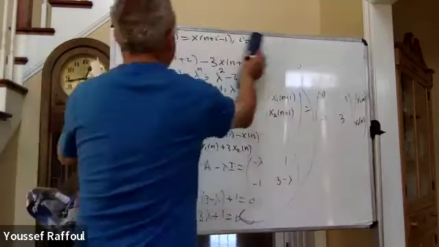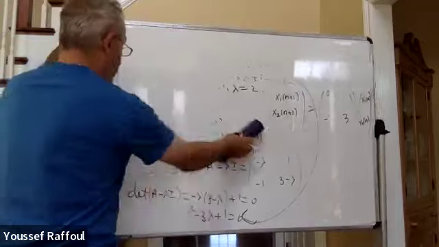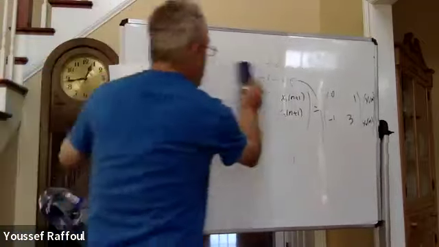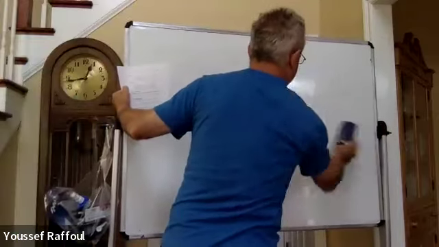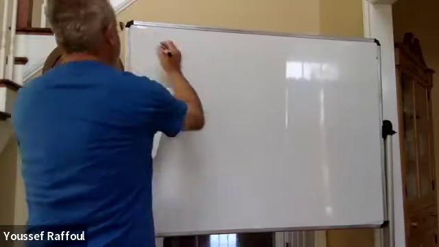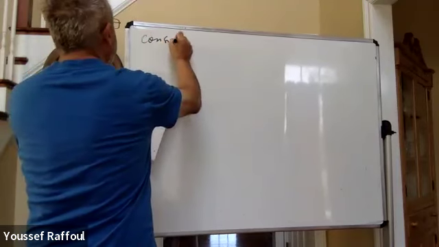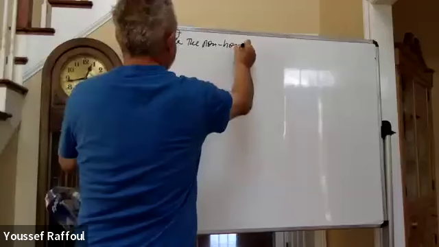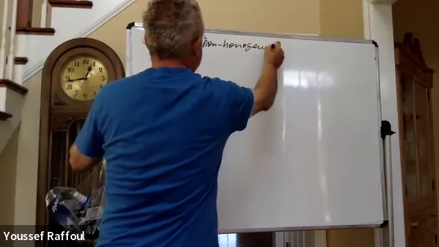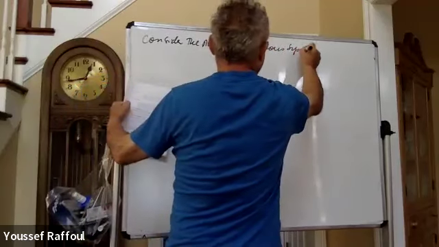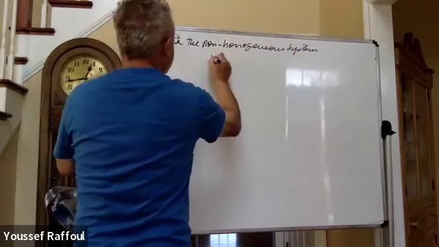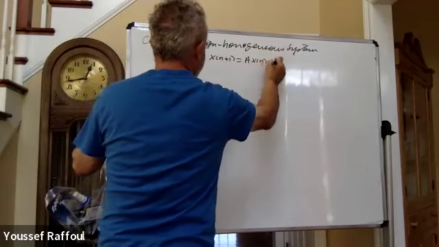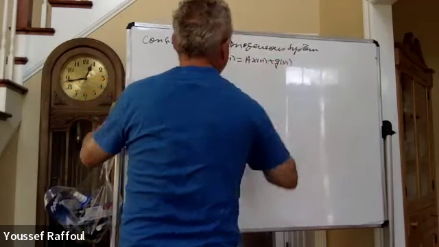So now let's take a look at systems more in general, trying to study their solutions. So now we're going to consider the non-homogeneous system x of n plus 1 equals A x of n plus g of n.